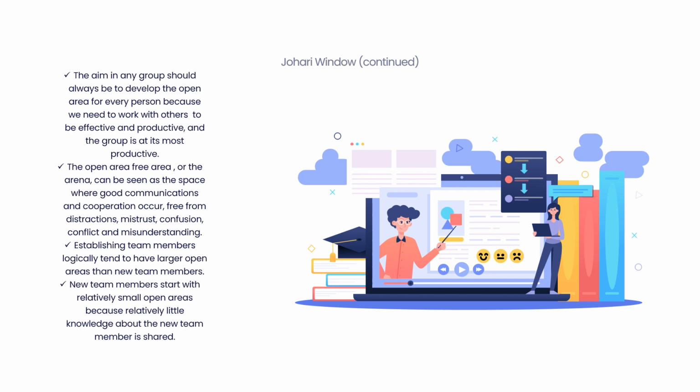The open area, free area, or arena can be seen as the space where good communication and cooperation occur, free from distractions, mistrust, confusion, conflict, and misunderstanding. Relationship. How do you interact with people? Established team members logically tend to have larger open areas. How do we build the team spirit?